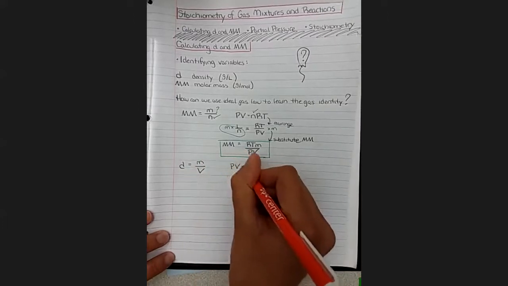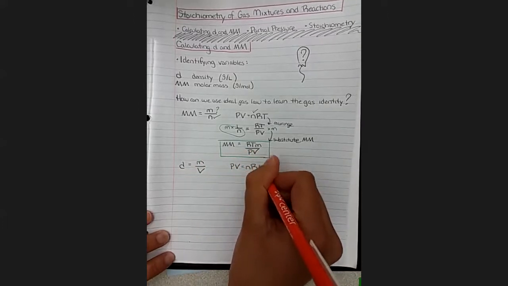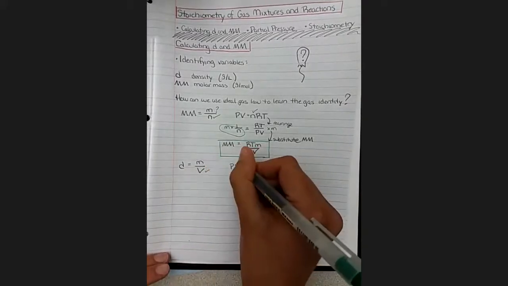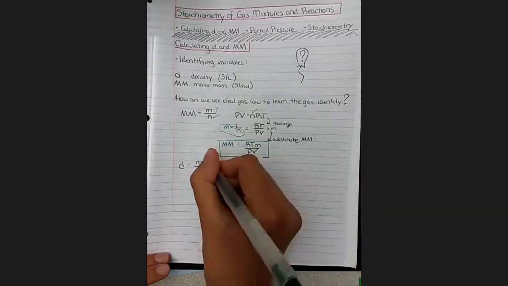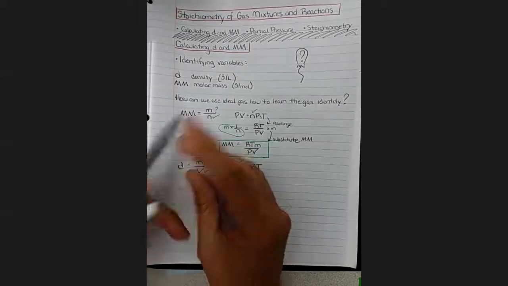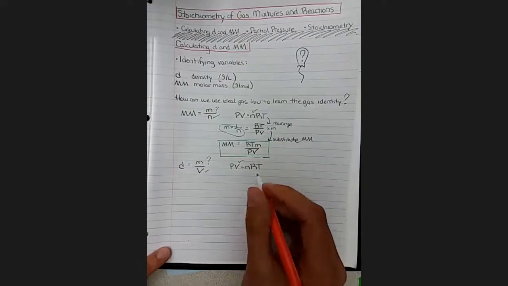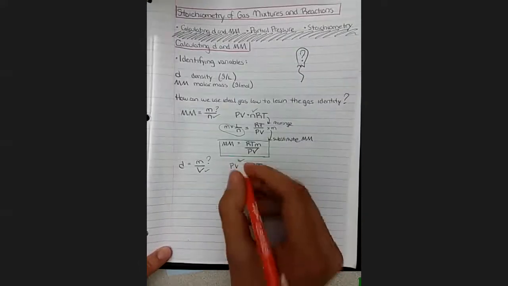There's the density formula, mass over volume. Here's PV equals nRT. We know the volume and it's in both the formulas, but we need to insert the mass into the ideal gas law. So we'll do the same thing. We'll isolate the part that we have.